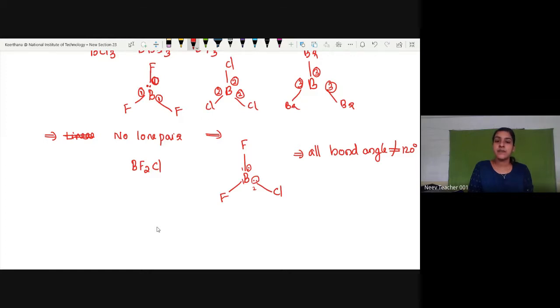So this repulsion will be more, and there will be a slight difference in bond angle. This bond angle will be less than 120 degrees, and this will be greater than 120 degrees, and this will be greater than 120 degrees, in order to minimize repulsion.